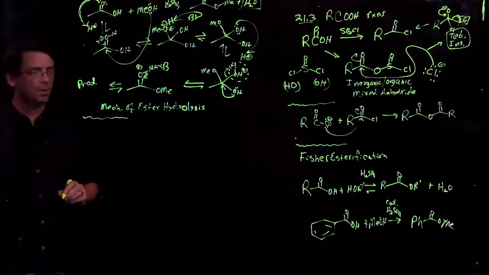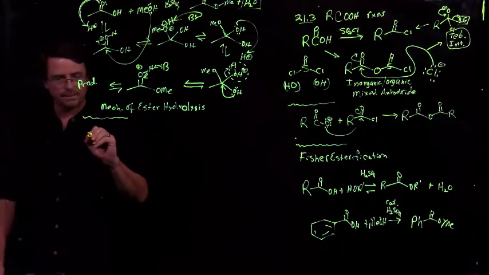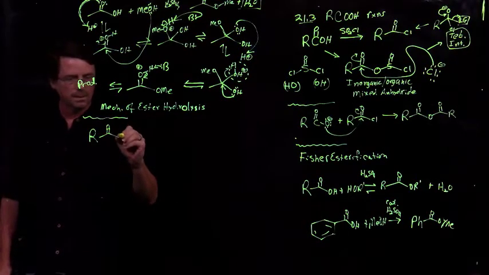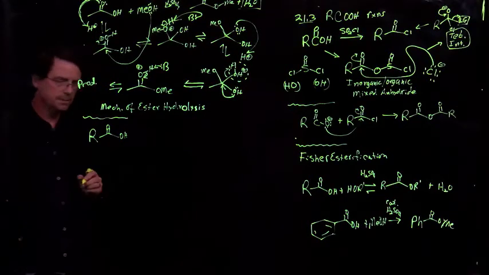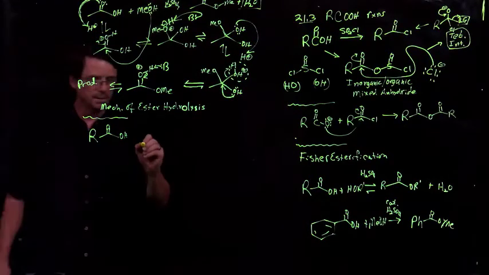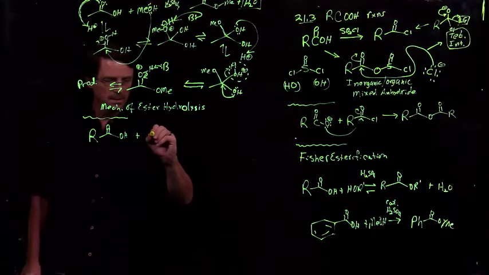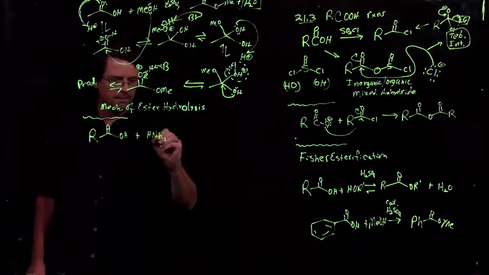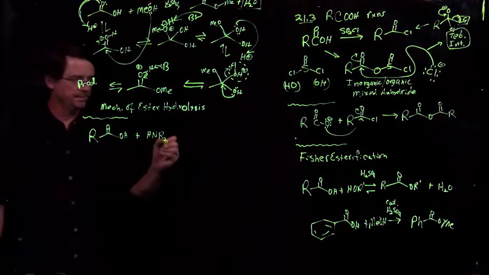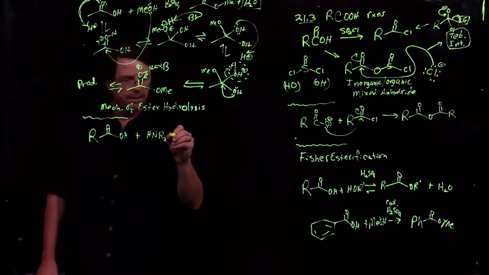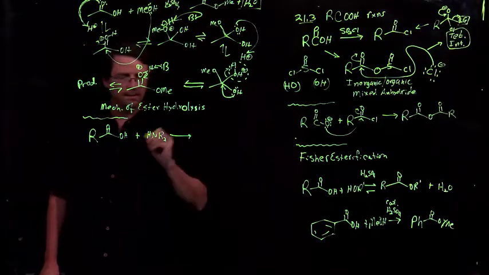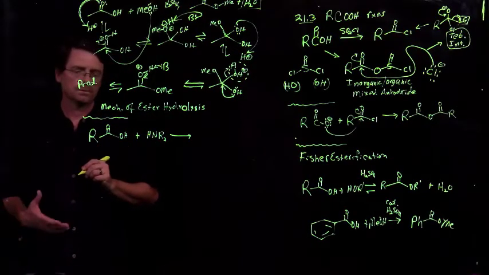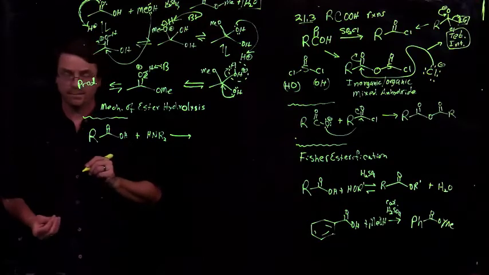All right, so that's Fischer esterification. Now, there are two more reactions we want to look at. Here's a general reaction. Carboxylic acids are really readily available. They're inexpensive. And it would be nice to be able to directly convert them to an amide. But we need something to activate this to make it a better starting material, a more reactive species.